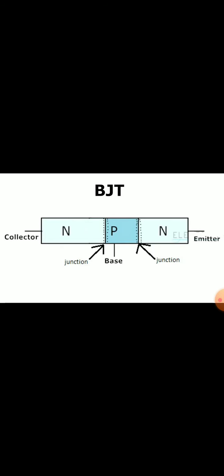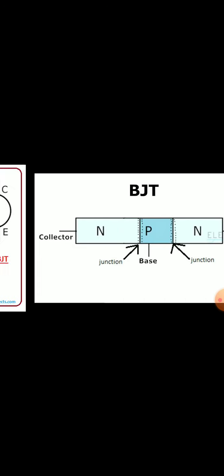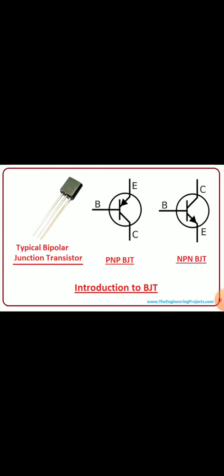This is the structural diagram of the bipolar junction transistor. This is how a typical bipolar junction transistor looks. This is the symbol of the PNP transistor and this is the symbol of the NPN transistor.